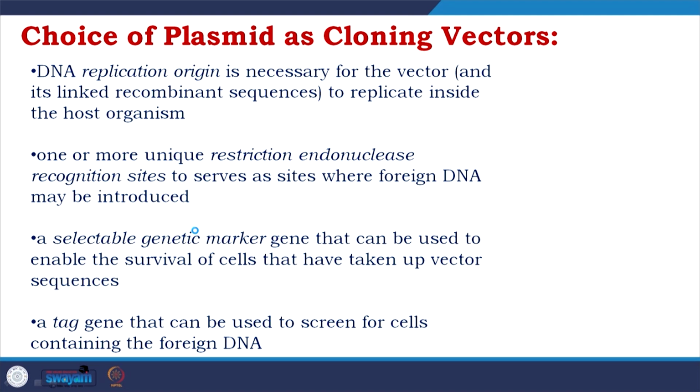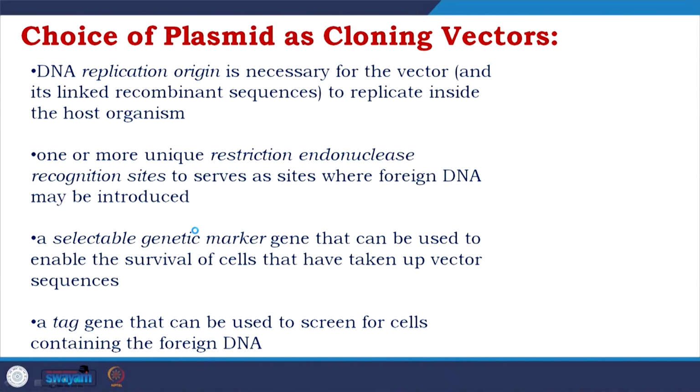A selectable genetic marker that can be used to enable the survival of cells that have taken up vector sequences. So, when you are growing that E. coli, you have to differentiate that E. coli from other E. coli. If you have a gene like beta-lactamase, that would save you from a beta-lactam like penicillin.